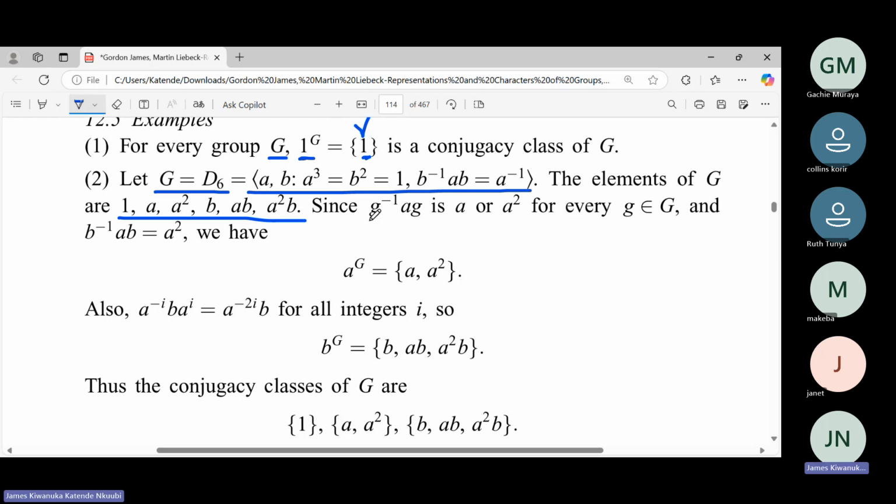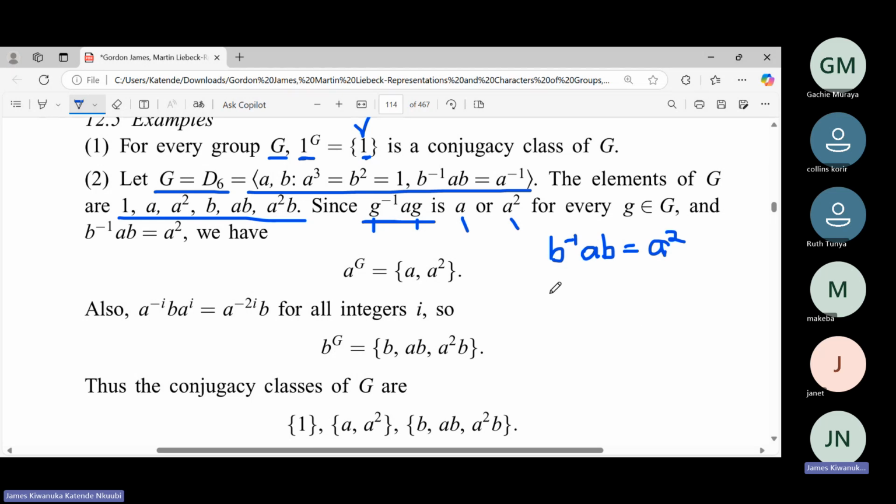Now, if you run through all the elements of D6, computing this product, it will always equal either A or A squared. It can't be anything else. By that, I mean, for instance, you can pick B. You have B inverse AB. This, of course, is equal to A squared. And you can keep doing that for the others.